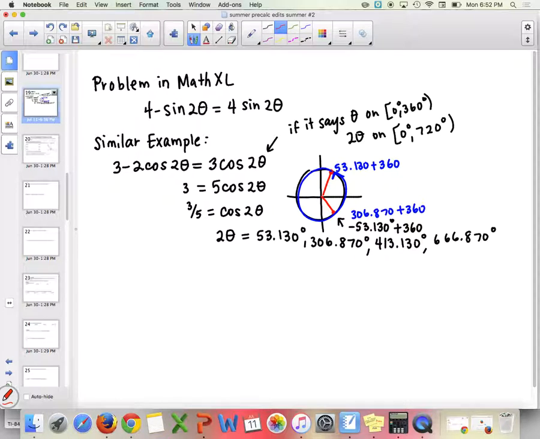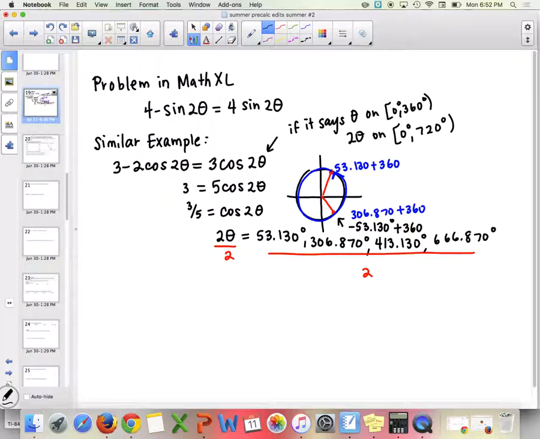Now this was 2 theta, so my next step is to divide all of them by 2. You can pretty quickly do that, or use a calculator if you want to. If I have 53.130 and I divide by 2, I get 26.565.